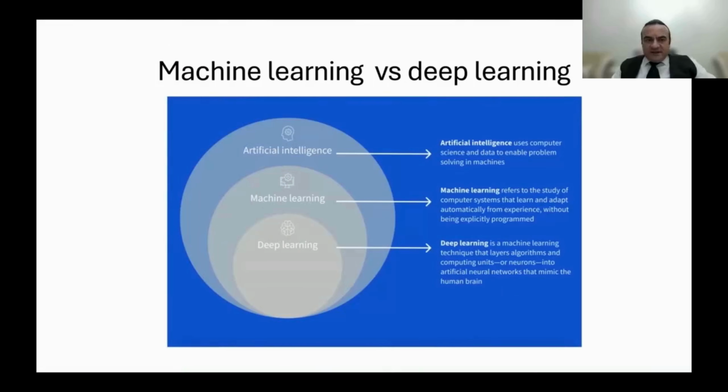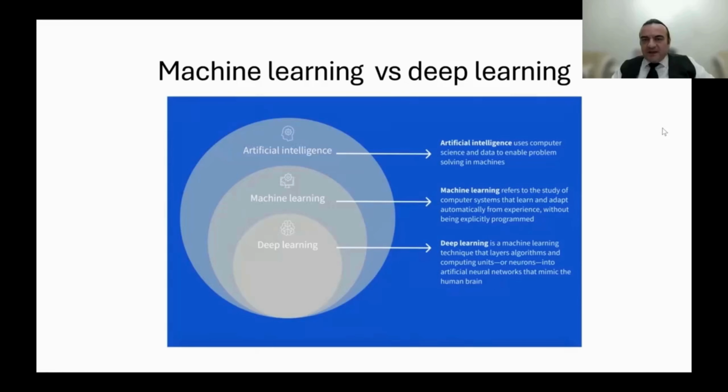For better understanding, I would like to make a distinction between machine learning and deep learning methodologies. If you consider artificial intelligence as an umbrella, beneath this term you can find machine learning, and under this deep learning.